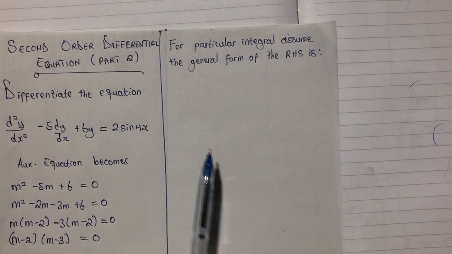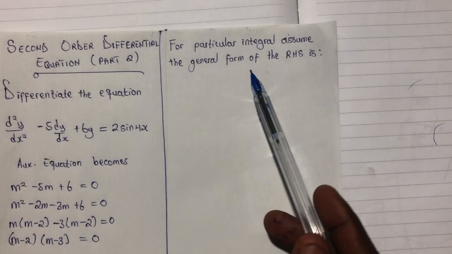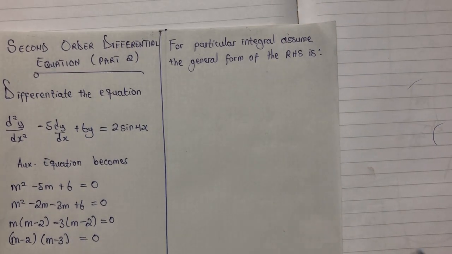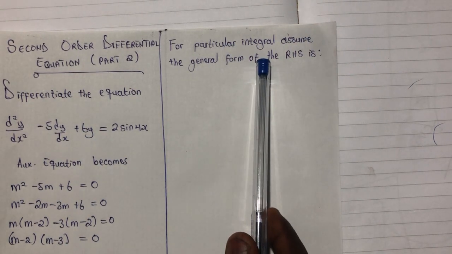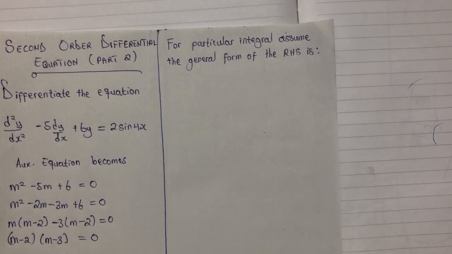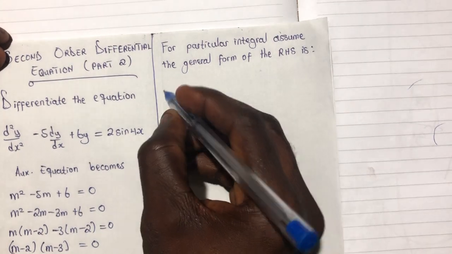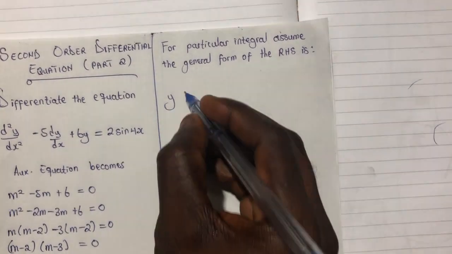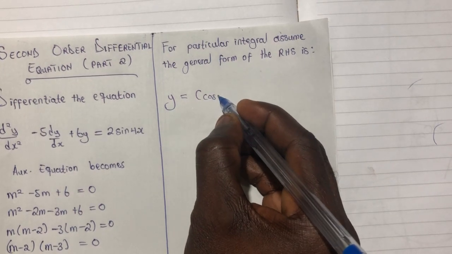So we assume the particular integral solution, or look at what I have written here, for the particular integral, assume the general form of the right hand side. So we know what we are supposed to put here: y equals c cos.